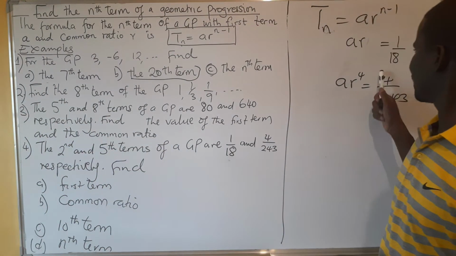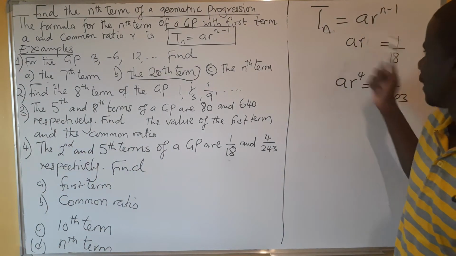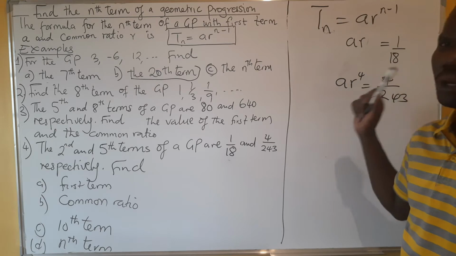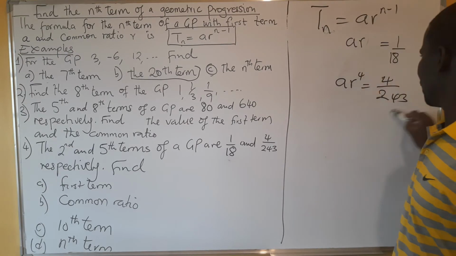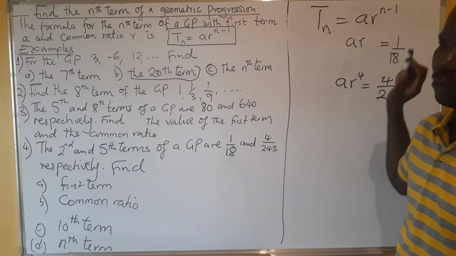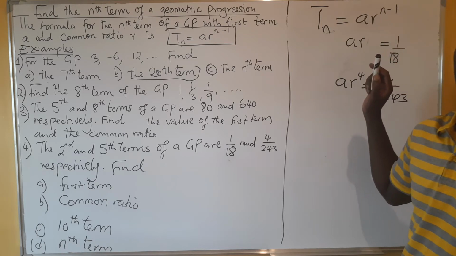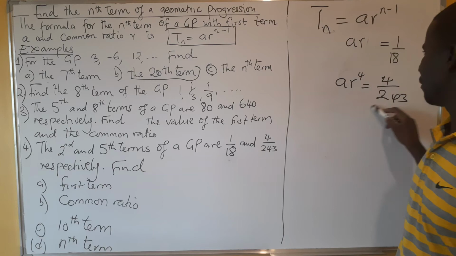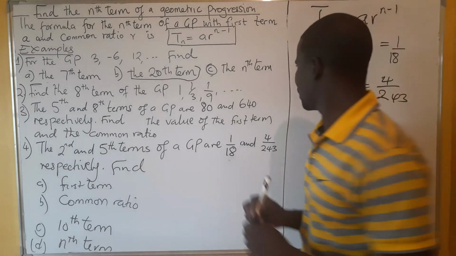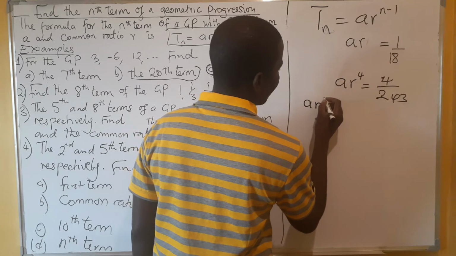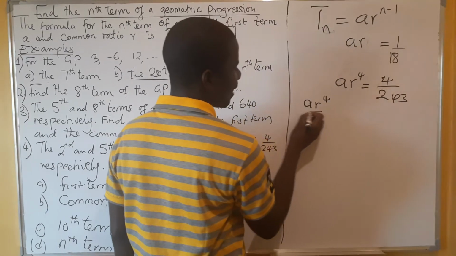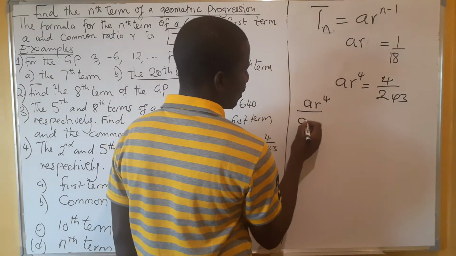We have the first equation and the second equation. So we need to divide the second equation by the first equation. This is what we are supposed to do. This is the second equation. It has to be divided by the first one.